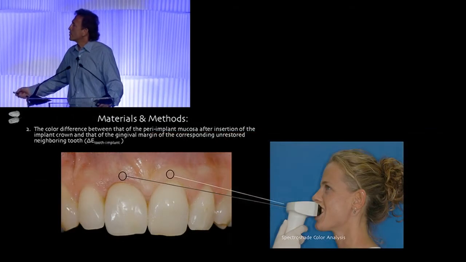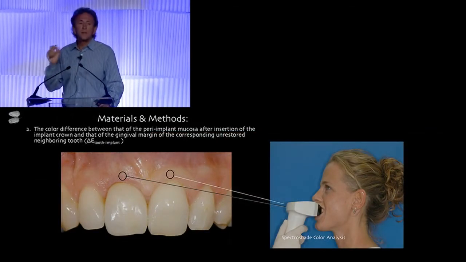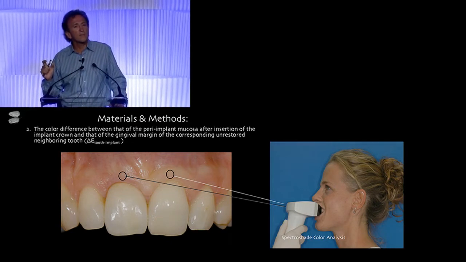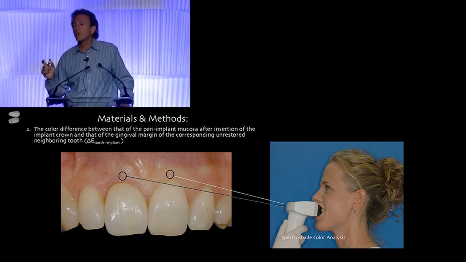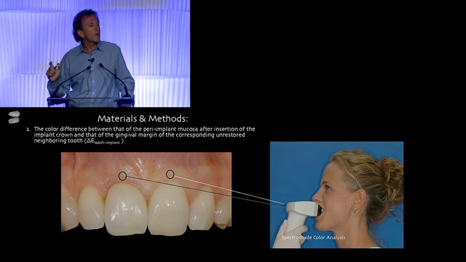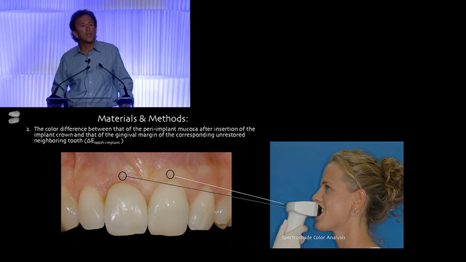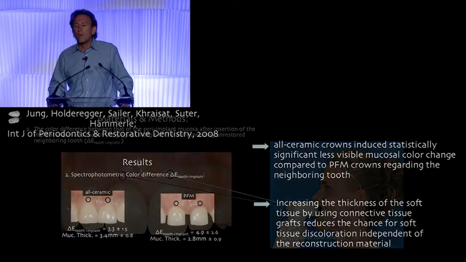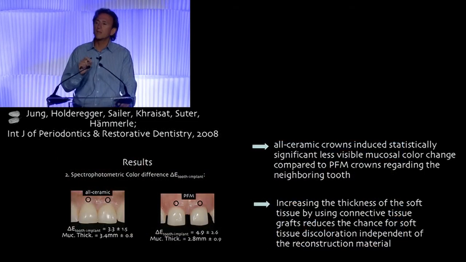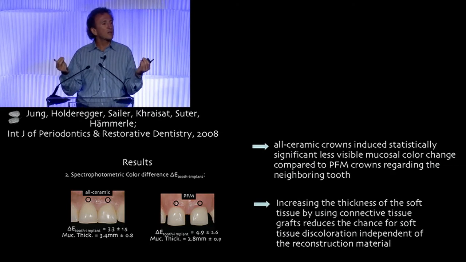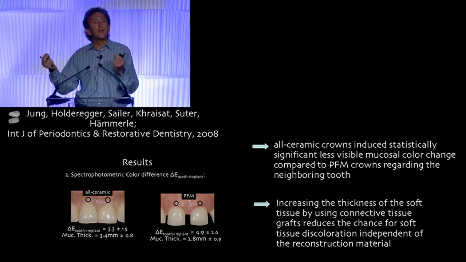And when does it become something that we can actually measure? They did this with a spectrometer, and when the tissue is greater than 2 millimeters of thickness, it really didn't matter whether you had an all-ceramic abutment or a ceramo-metal abutment, relative to being able to see color changes. When that tissue was less than 2 millimeters, you can start to actually objectively measure changes in color between a ceramic and a metal abutment.